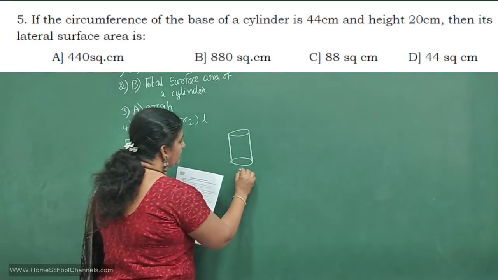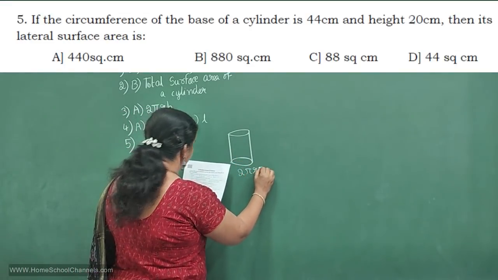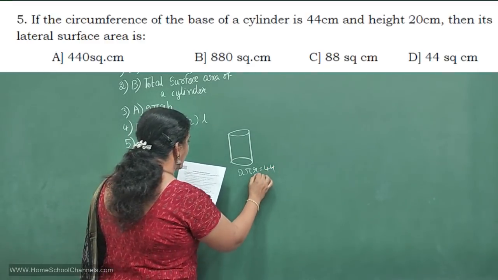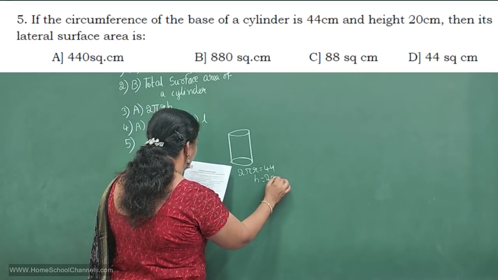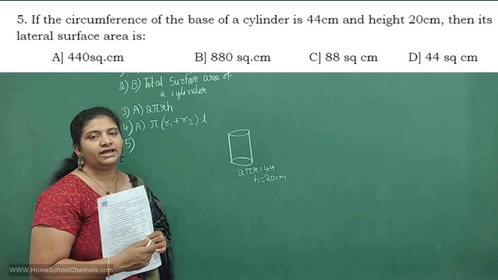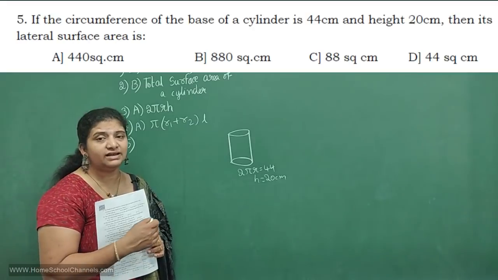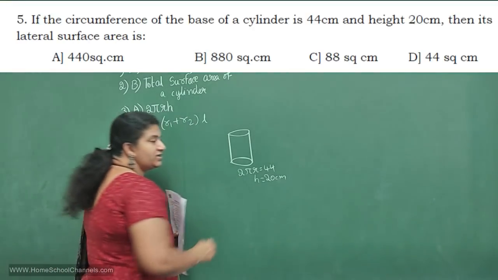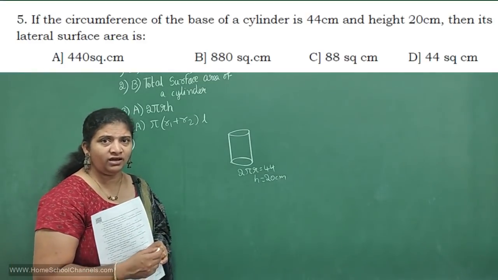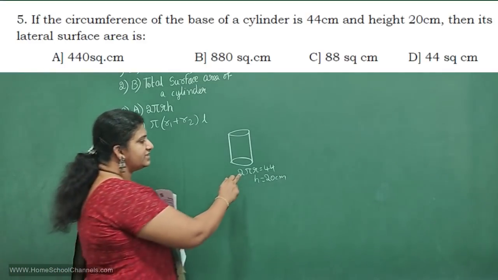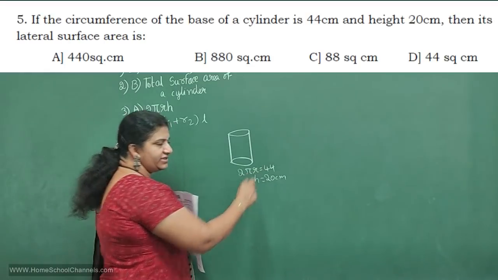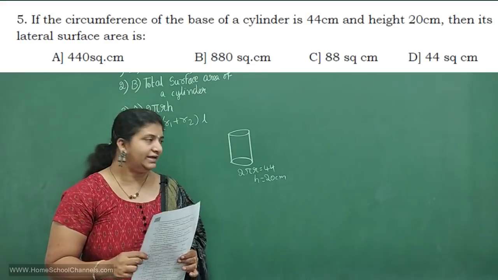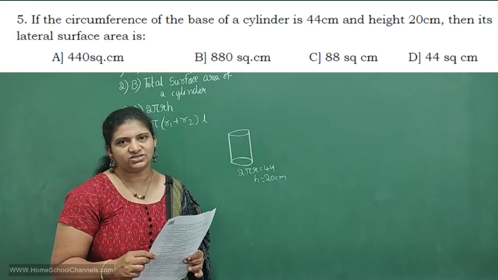Circumference of a circle, 2 pi r, is equal to how much given? 44 centimeters and height 20 centimeters. They asked us to find what is the lateral surface area. Formula is, what is CSA of a cylinder formula? 2 pi RH. Just multiply 2 pi r into h. 44 into 20. That is 880 centimeters square is your answer.